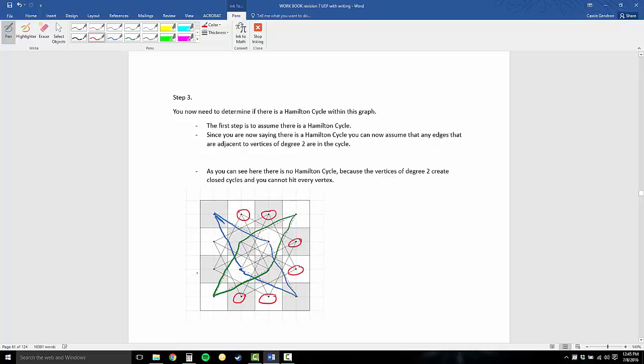This is something called proof by contradiction. You make an assumption, and then find a contradiction in that assumption.